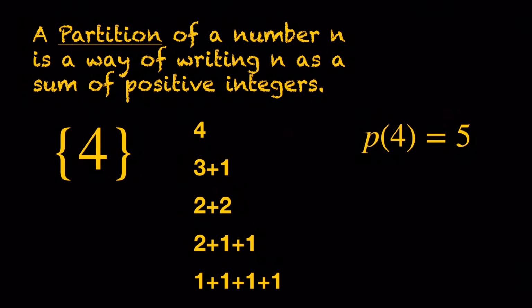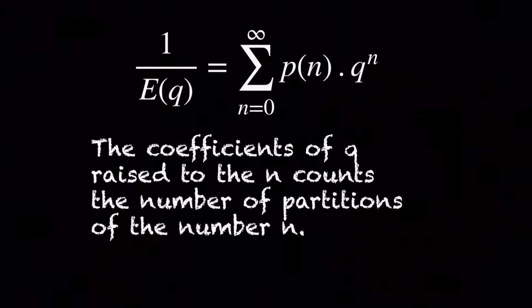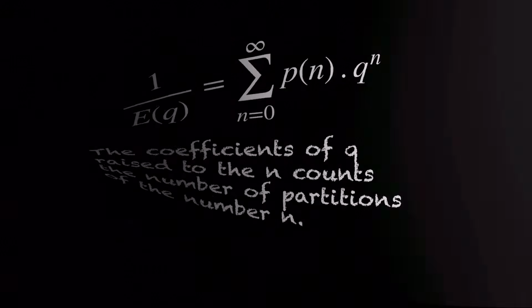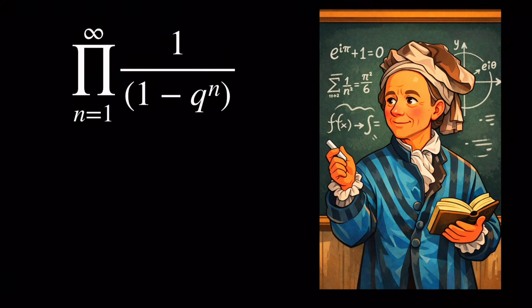So we create p of 4 equals 5 and call it a partition counting function. It counts the number of ways the number 4 can be written as a sum of integers. And it turns out that the coefficients of q in this reciprocal series count exactly the number of partitions of the number that represents the exponent.